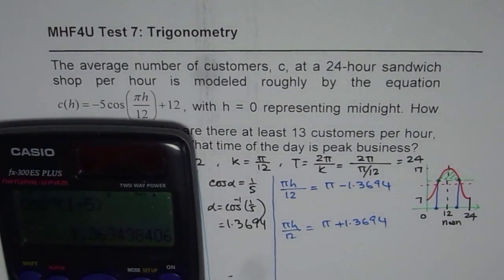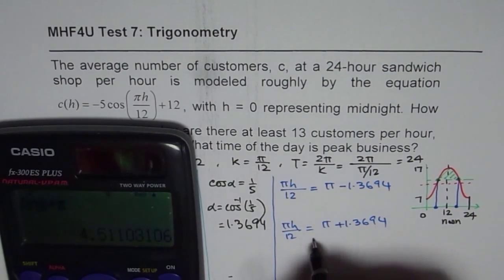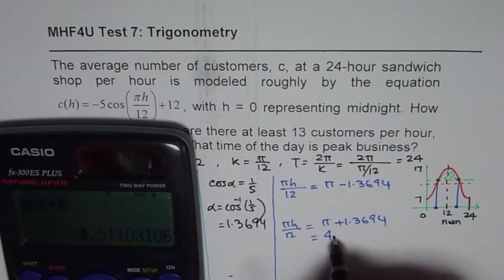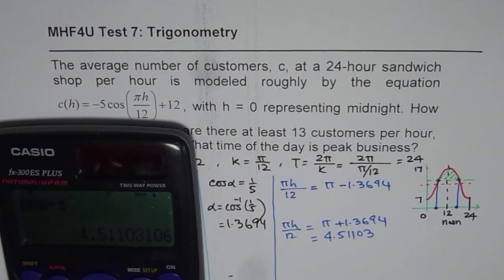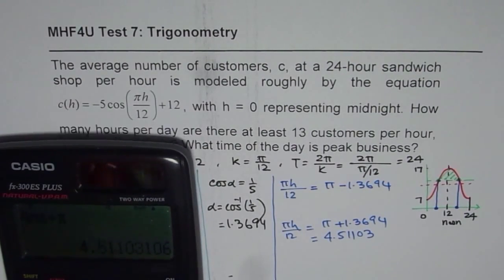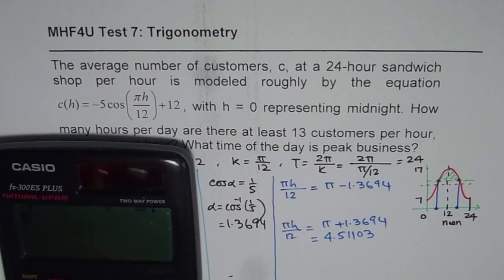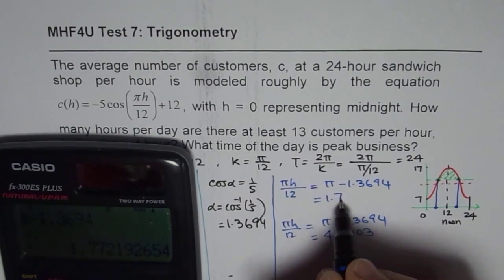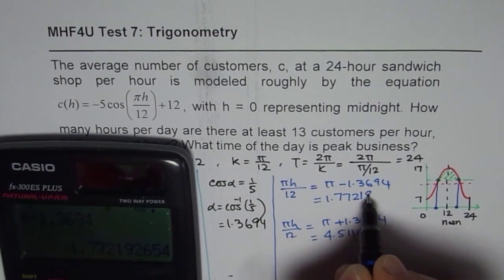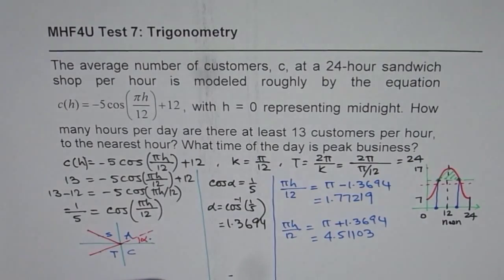Shift pi plus 1.3694 gives me 4.51103, and the other one, shift pi minus 1.3694, is equal to 1.77219. Okay, so that is the value.